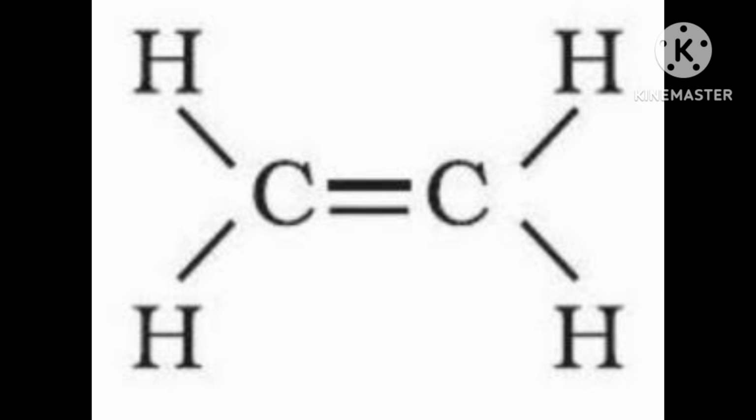Like that way the ethyl group, C2H5, with one dash. Ethyl group means carbon has one electron and can join with others. If 3 carbons are there, then propyl, C3H7.